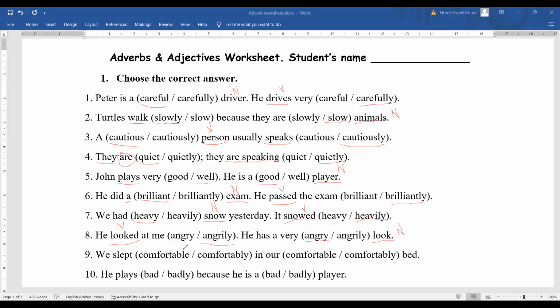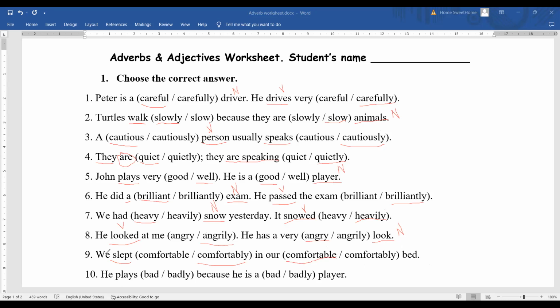We slept comfortably or comfortable. We have only one verb here. That's why we need an adverb telling us how we slept. We slept comfortably in our which bed? Comfortable bed. Our comfortable bed.